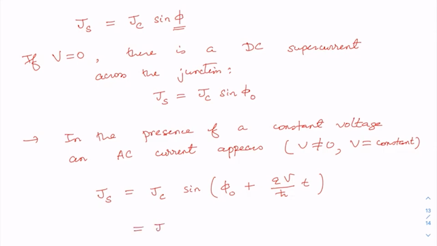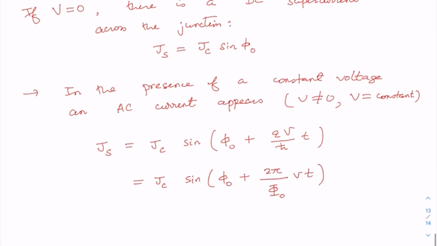We can write it as Jc sine of phi 0 plus 2 pi divided by this quantity here, which we already discussed earlier. This is the so-called flux quantum.